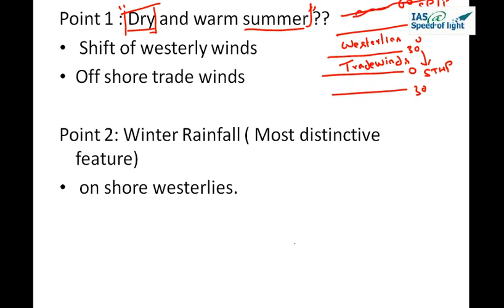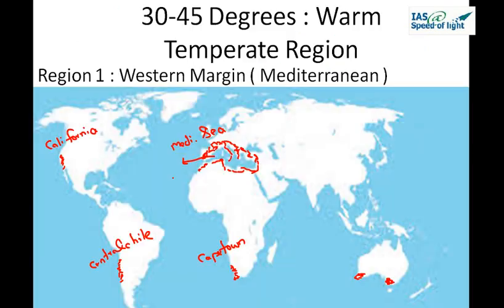Now when the sun is directly overhead the Tropic of Cancer, it is going to shift the entire wind belt. If you see the location of these Mediterranean regions, when the wind belt shifts, the westerlies are going to shift in this direction, and there is going to be no rain in this region because the westerlies are not able to bring moisture to these regions, right?